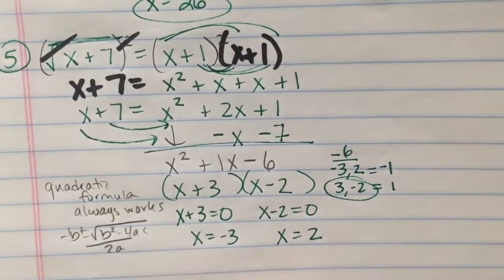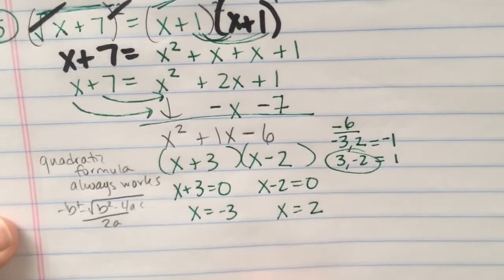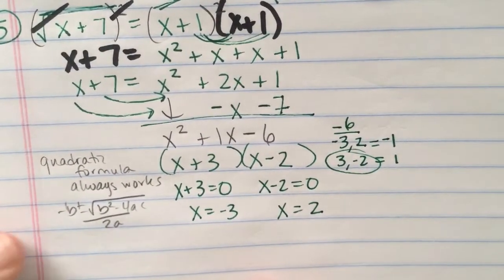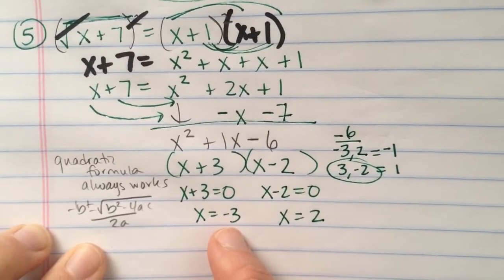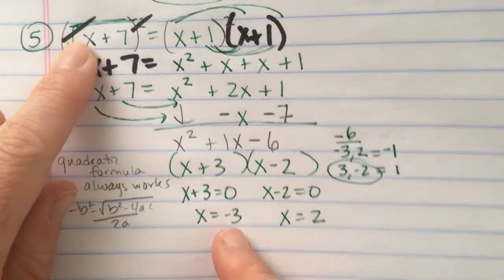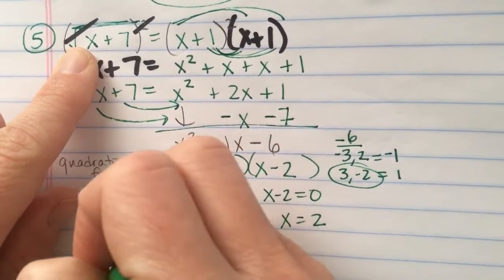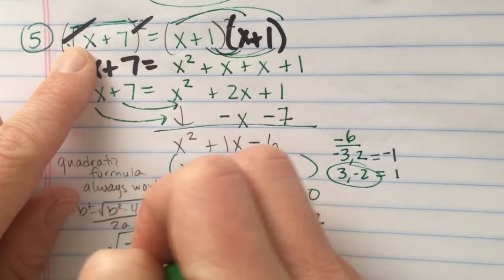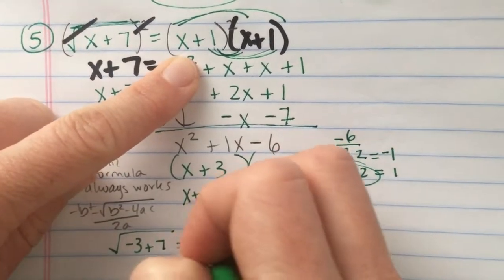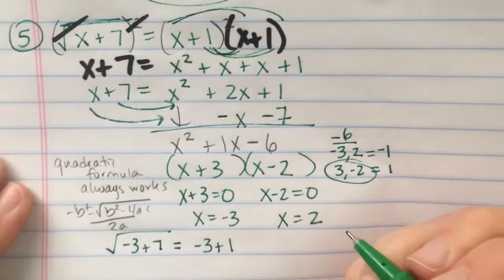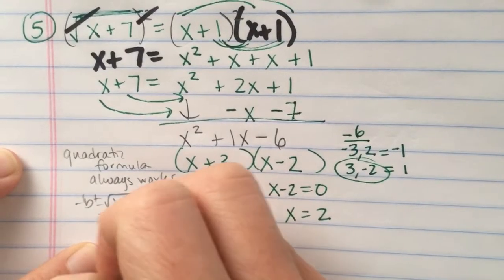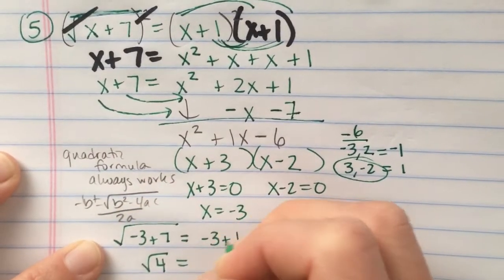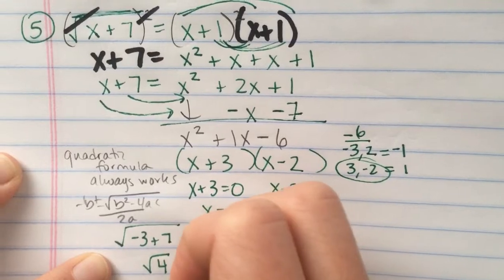Alright, I wish we were done, but we have to check both these answers. Alright, so I'm going to plug in -3 first. So if you go back to your original, it would be square root of -3 plus 7 equals -3 plus 1. That was my original equation. -3 plus 7 is 4, so we've got the square root of 4 on this side. -3 plus 1 is -2.